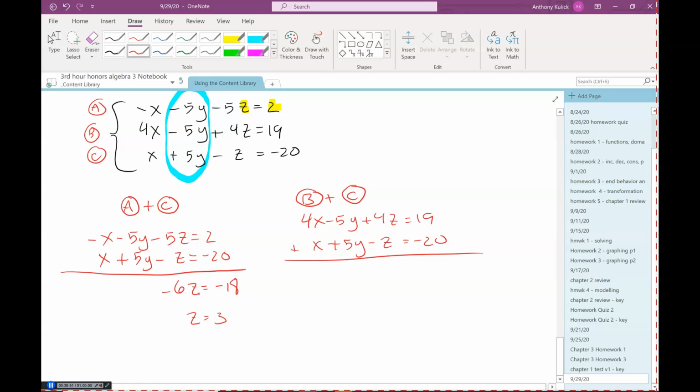If I take the other pair, if I add B and C together, I get 5x plus 3z is equal to -1. So now I can solve for x by just substituting z in. Usually at this step we'd be solving a two-variable system now, just like you did last night.